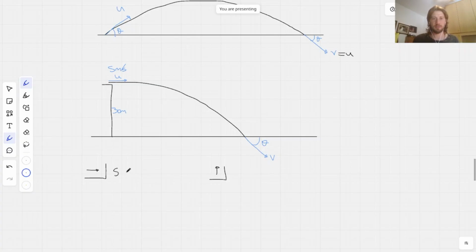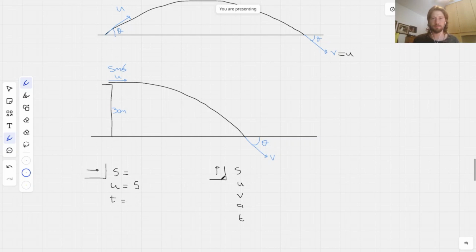So S U V A T. Okay, what is the horizontal displacement? Well, that is some unknown that we don't know, and maybe we don't really care about, so let's not fill it in. What about u? Well, u is 5 meters per second, and what about t?